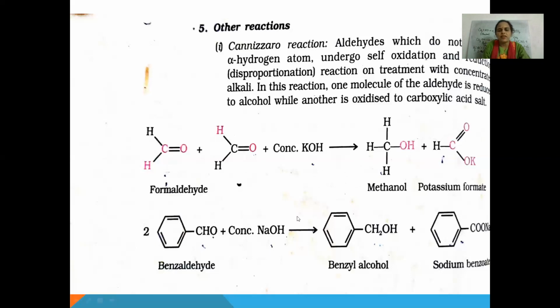Similarly, benzaldehyde reacts with concentrated solution of NaOH and results in giving you benzyl alcohol C6H5CH2OH and sodium benzoate C6H5COONa. So this is Cannizzaro's reaction. Both the reactions, once again I am repeating, aldol and Cannizzaro's reactions are very, very important. So learn them well.